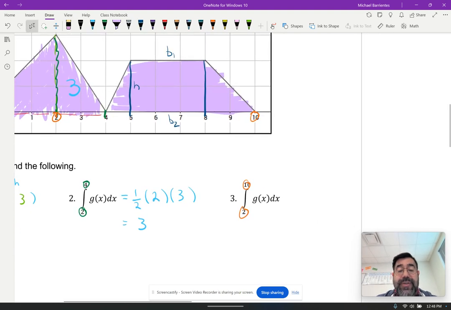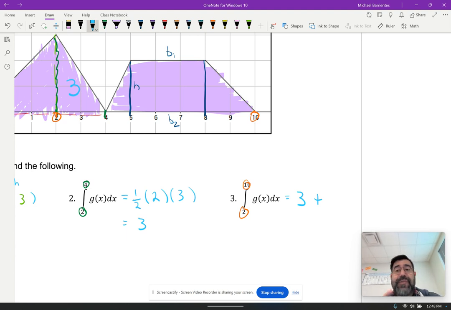However, I do want to remind you that I already know from 2 to 4, this is 3, plus I'm going to find the accumulation area here between 4 and 10. And I'm going to use the formula for a trapezoid.